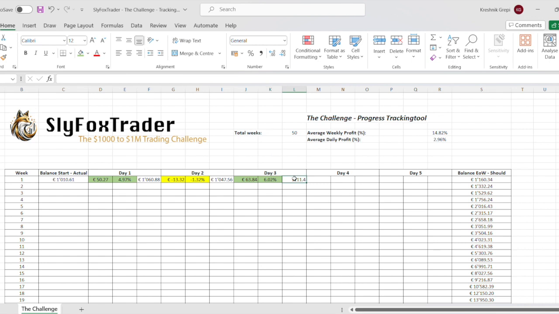So this is very nice. I'm very happy, and as you can see, we are now at 1,111.4, and to reach our weekly goal, we are still almost 50 euros behind.